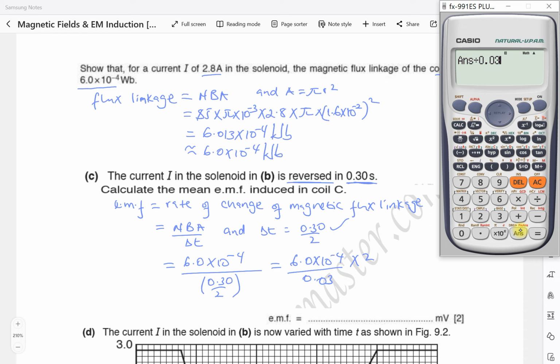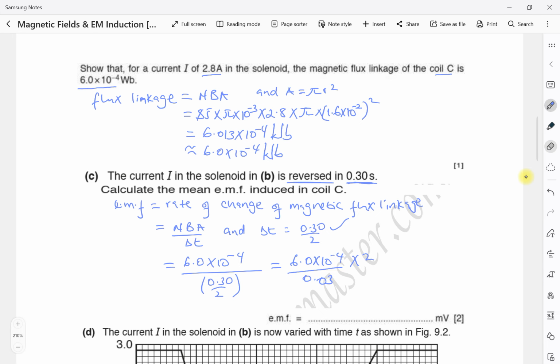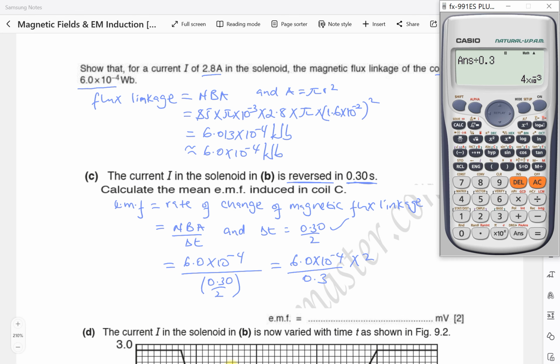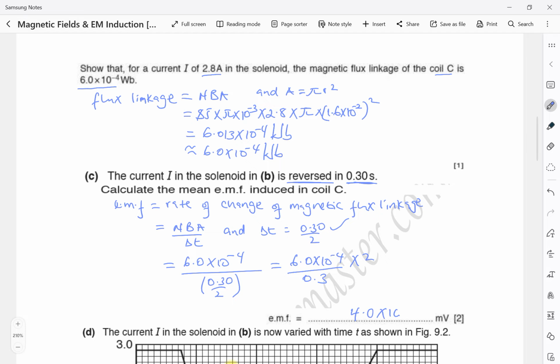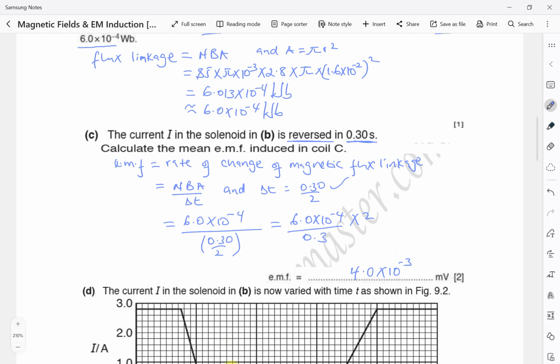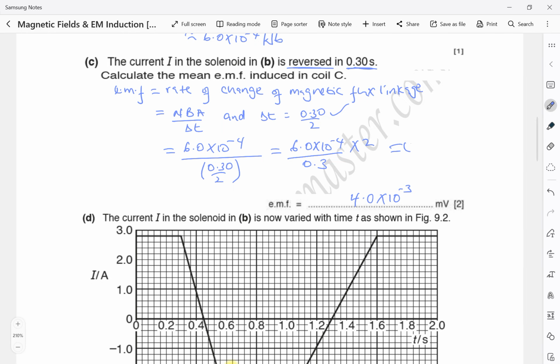Sorry, it is 0.3. So this gives us 4.0 times 10 to the power of minus 3 volts. But since they have millivolts here, I'll rub off this exponent.